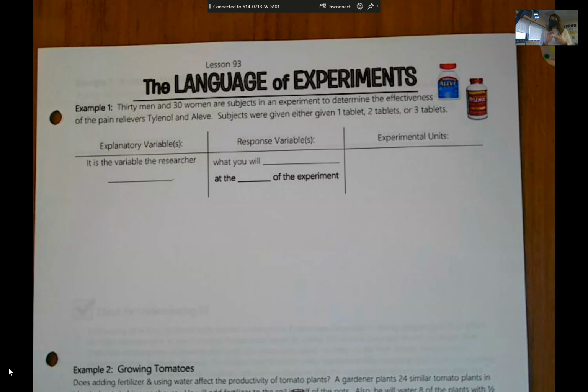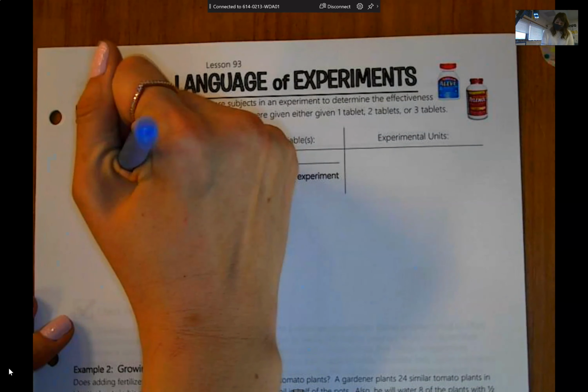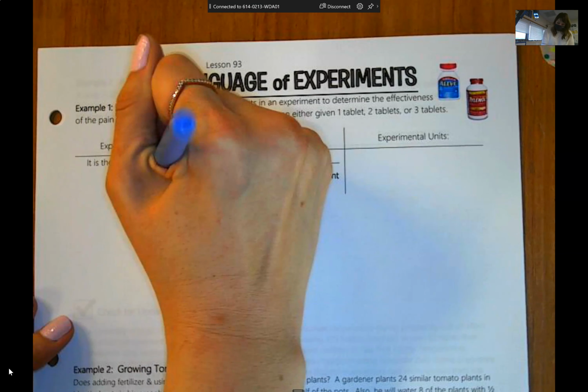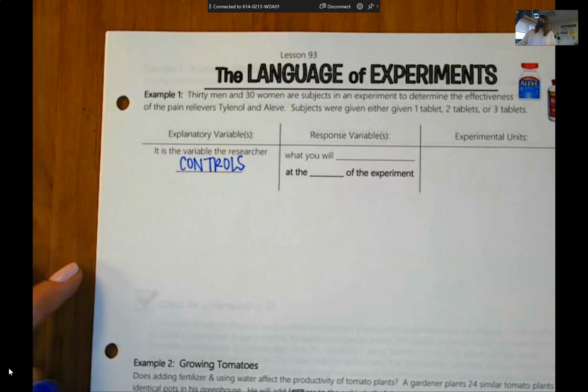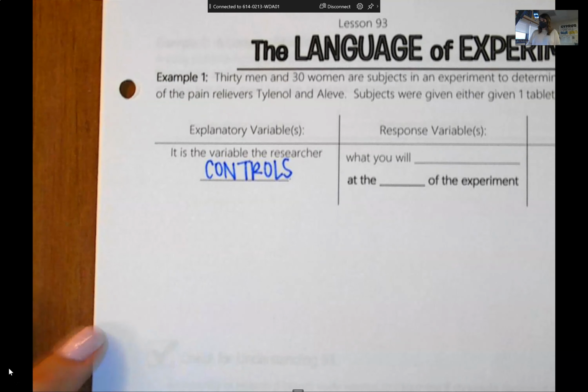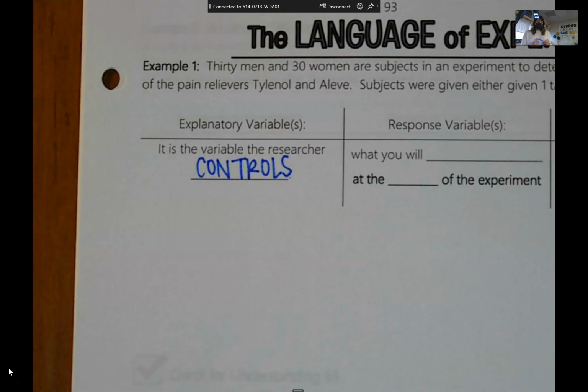So the first thing that we want to make sure that we understand is what's the explanatory variable, what's the response variable, and what are our experimental units. So the explanatory variable is the variable that the researcher controls. They are controlling 2 things in this problem.